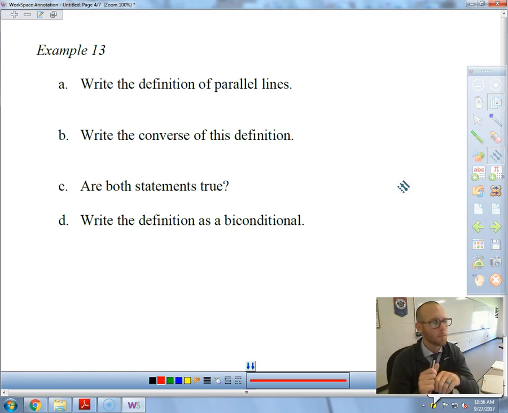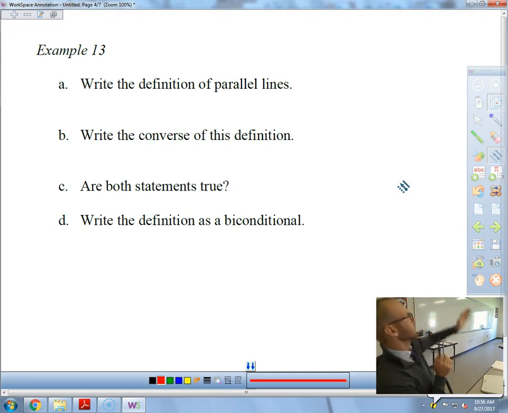So let's see if we can think about what is true about lines that we do know are parallel. Look at lines in the ceiling. Look at the lines that are running this way. Are those lines parallel? Yes, they are. Look at the line down here on the bottom of the classroom where the wall meets the floor, and then look at the line up at the top of the classroom where the wall hits the ceiling.